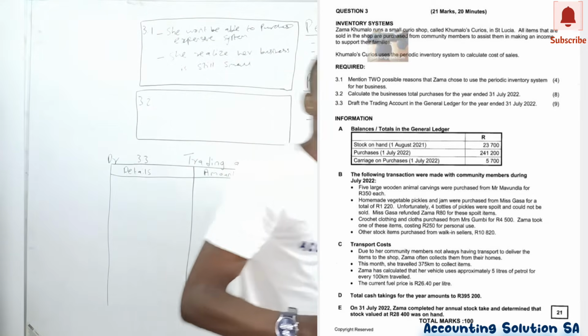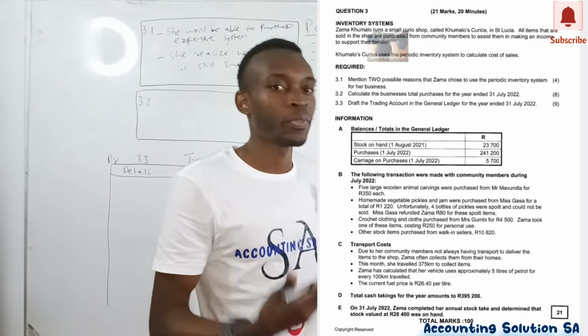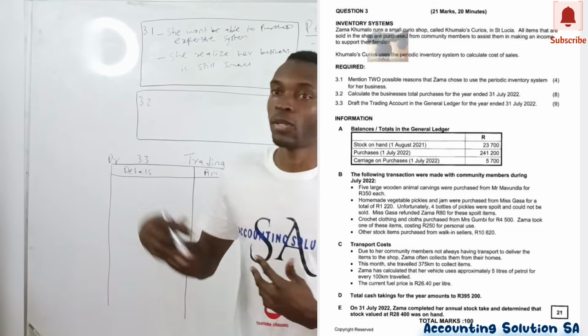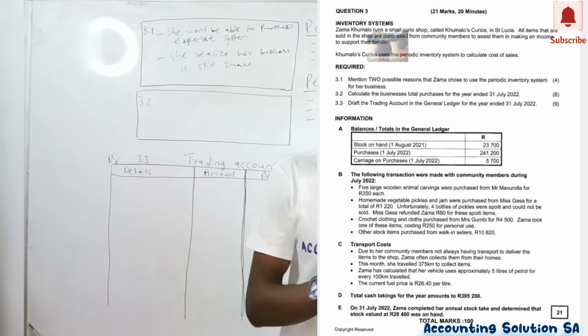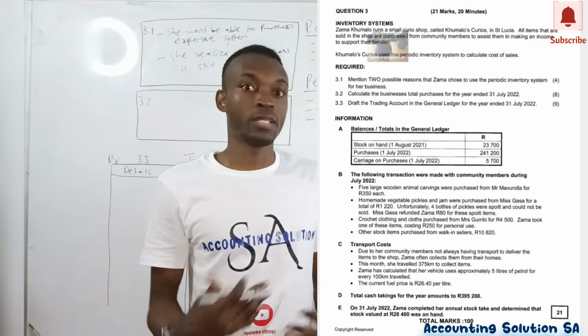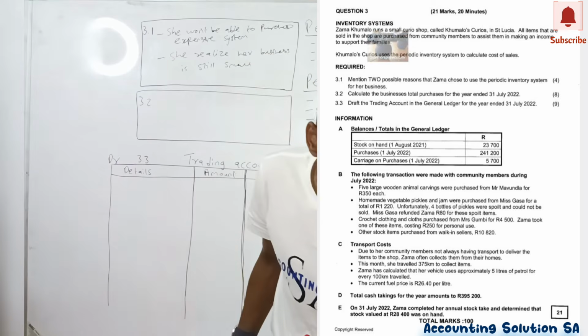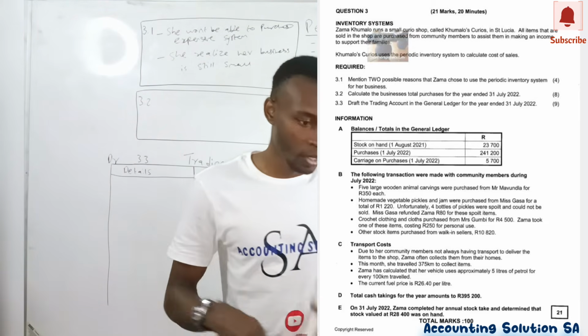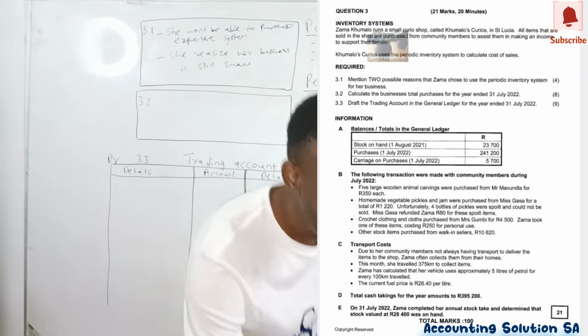All right, so you can give any other reason. There is no limit when it comes to explaining your own reason, because the question stated that they are looking for possibilities. Okay, so now let's go to 3.2.